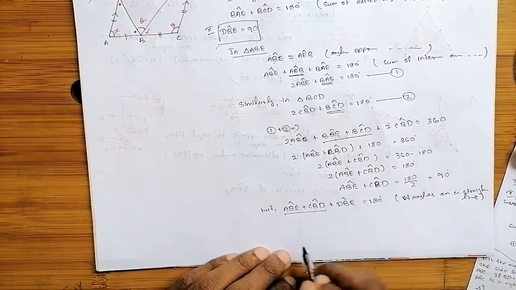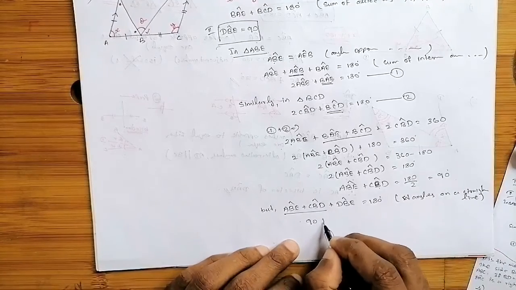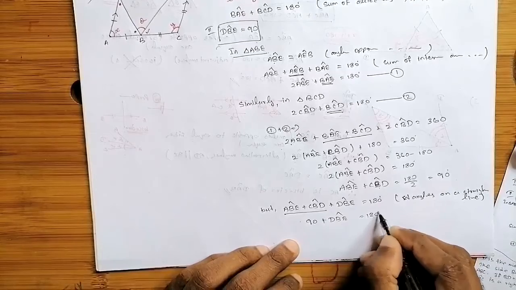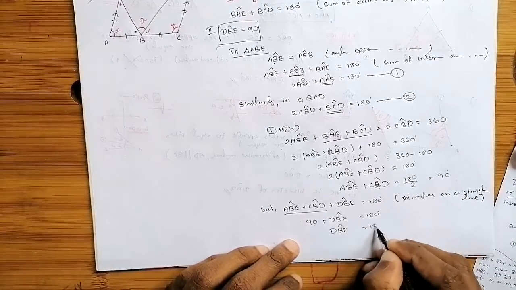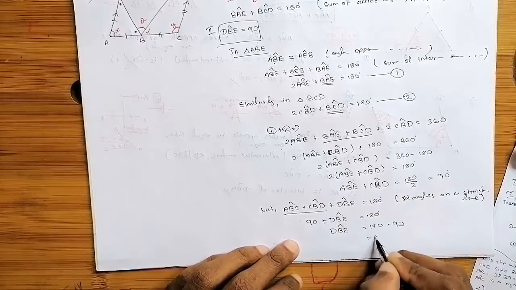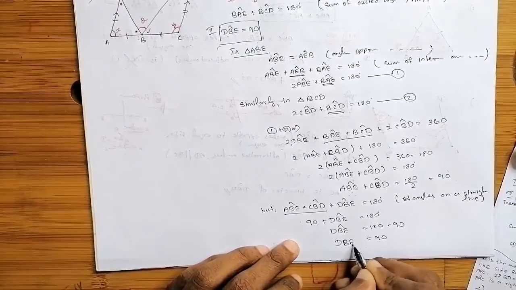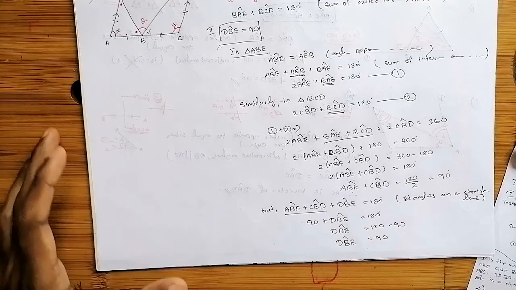So we found the value of ABE plus CBD, it's 90. So 90 plus DBE equals 180. Therefore DBE equals 90. So what is the value of DBE? It's 90. Okay, that is our third question.